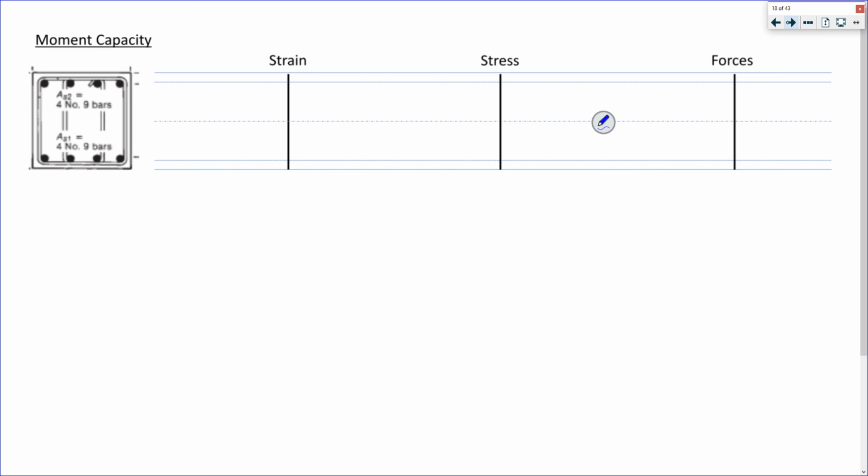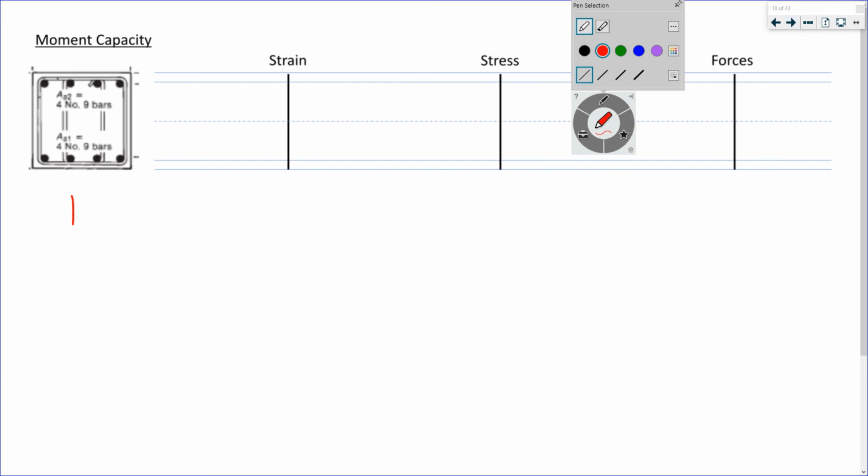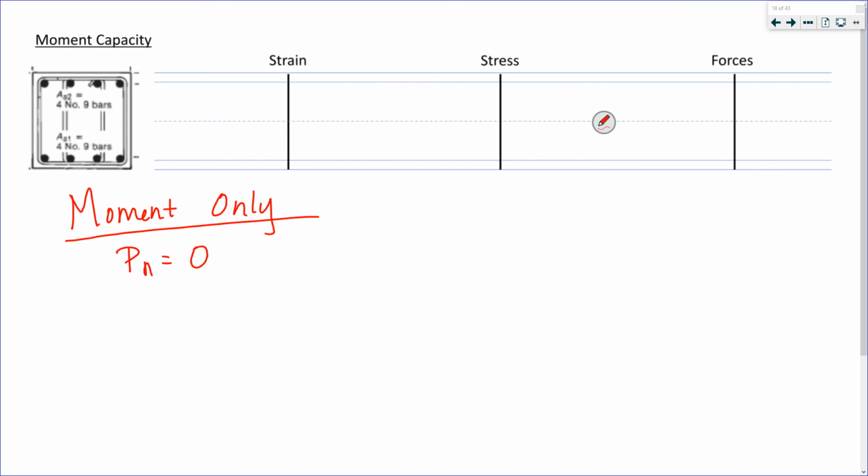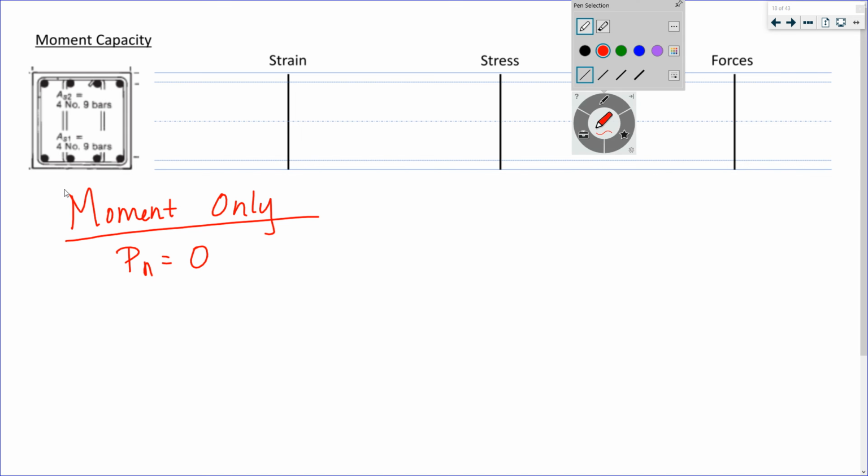I am not going to draw anything because that's not where I start. My moment capacity means I have moment only. Therefore, Pn is equal to 0. What was my Pn equation?